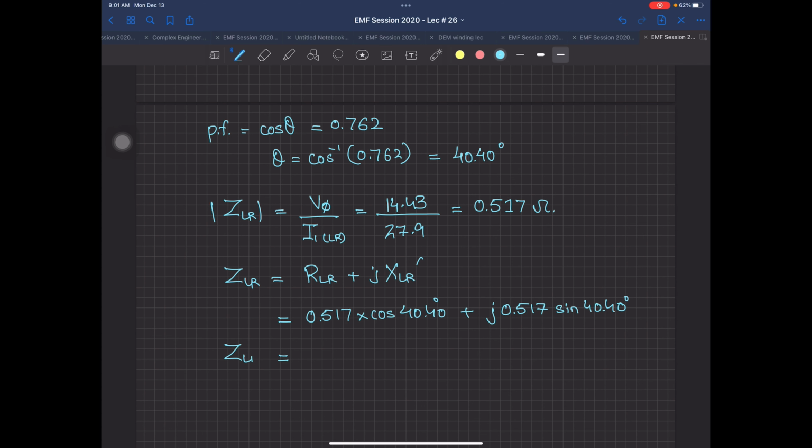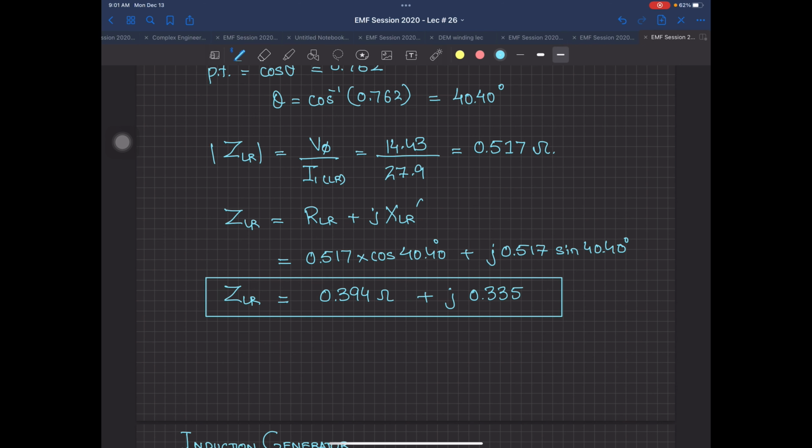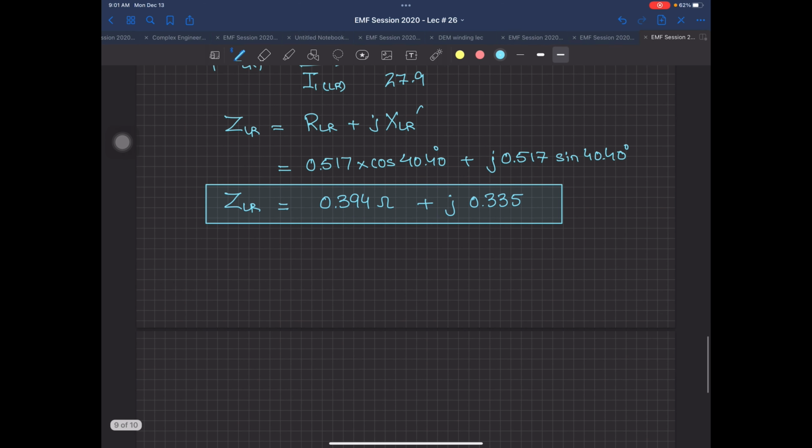So RLR is something like 0.394. Please confirm this. Plus j, I'm taking this value from the book, 0.335. So you have this ZLR, and based on this ZLR, now you have the data.